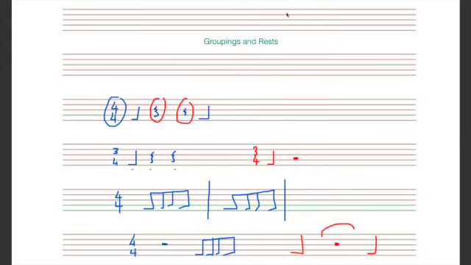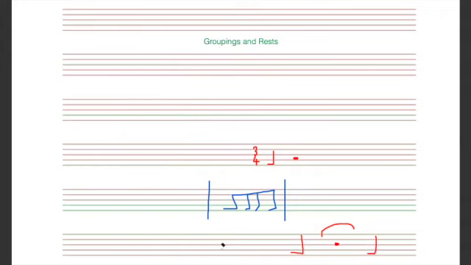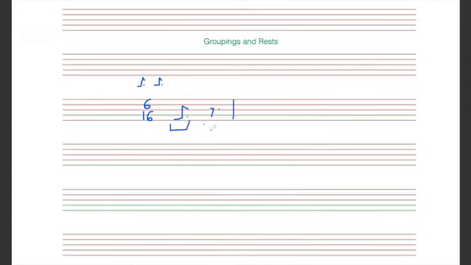The same goes for slightly trickier time signatures. If we take a look at 6/16, for example, which has 2 dotted quavers in a bar, if we start off with a dotted quaver and then the rest of it is empty, we must put a dotted quaver rest, because this is 1 beat and this is 2 beats.